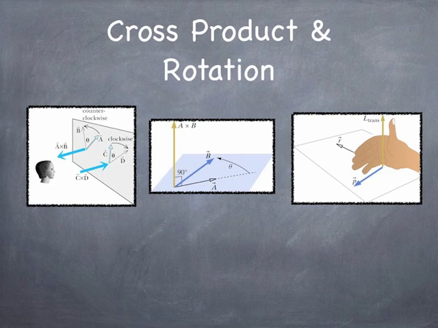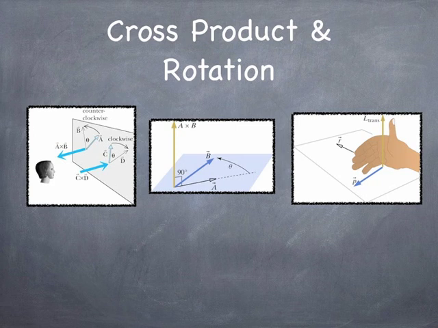So you can see that's true if you go back to the first diagram. If you point your fingers in the A direction and wrap them into the B direction, you get a cross product that points out of the board toward the observer in the picture. On the other hand, if you take the fingers of your right hand and point them in the C direction, wrap them into the D direction, your thumb points in a direction away from the observer in the picture.